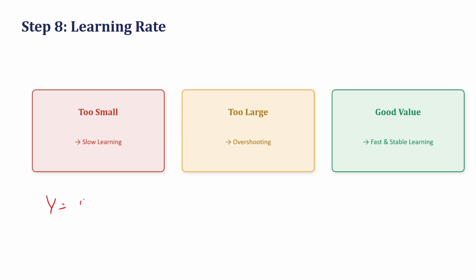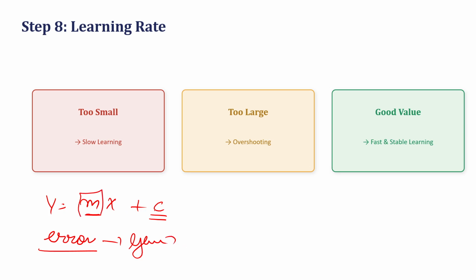Previously you selected some random values of m and c and calculated the error cost function. With the gradient descent algorithm, you calculate the slope with respect to each variable. Now you need to update the variables.